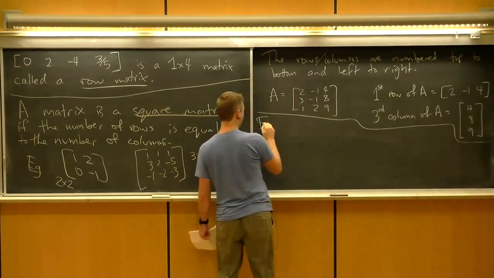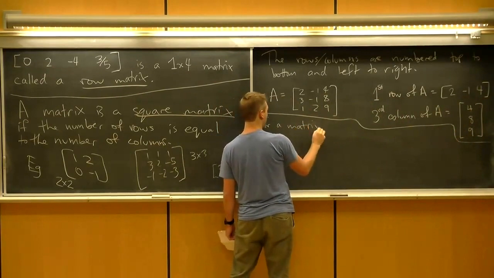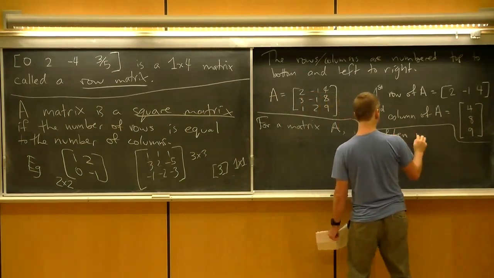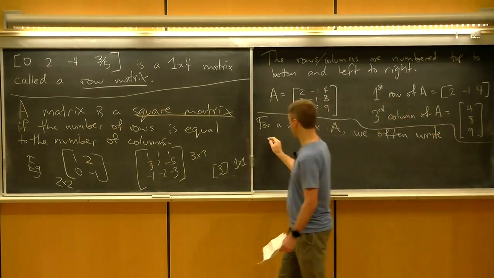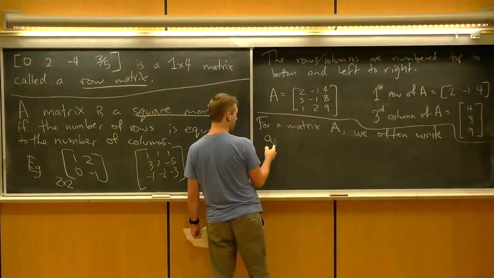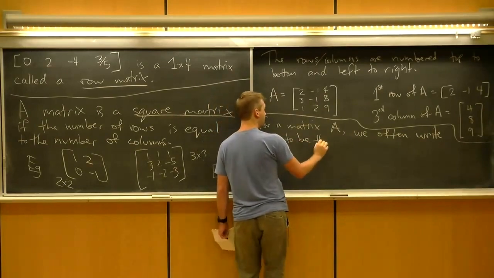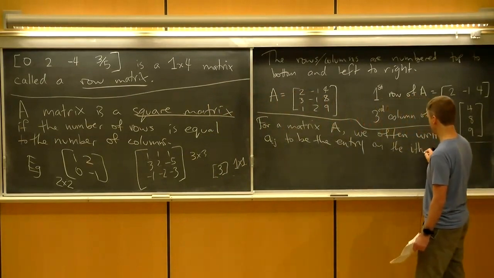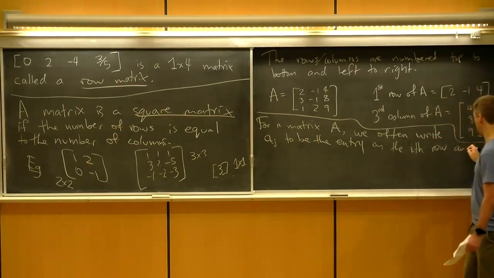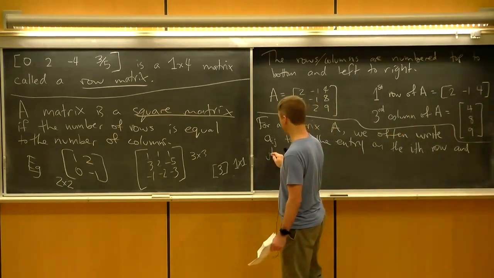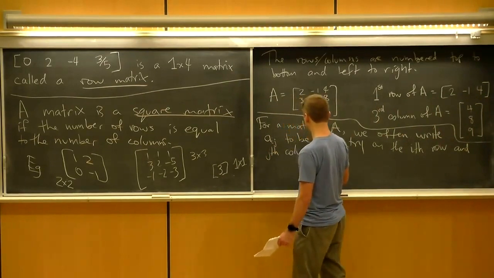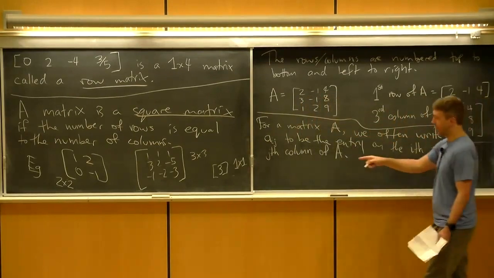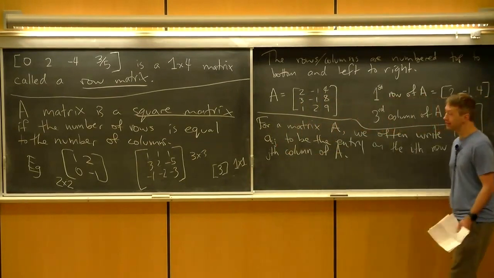For a matrix A, we often write Aij, for two numbers i and j, to be the entry on the ith row and jth column of A. So we use a little a ij to mean one of the entries.